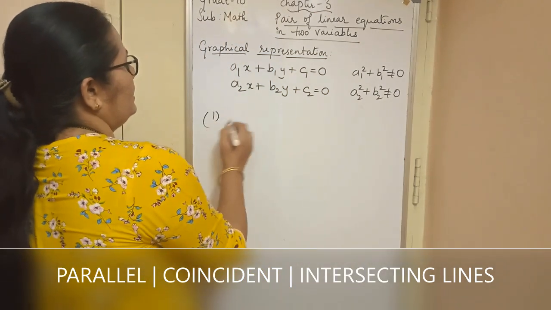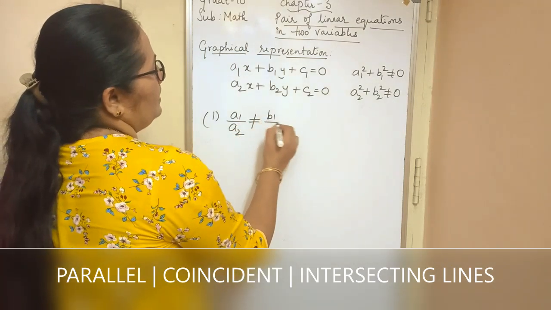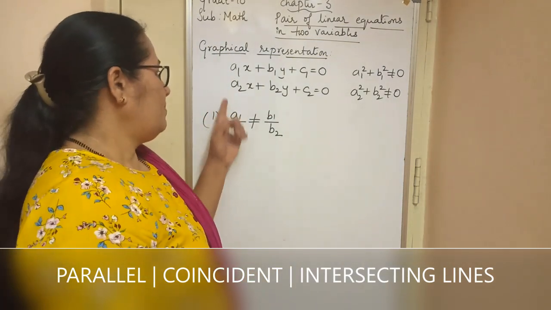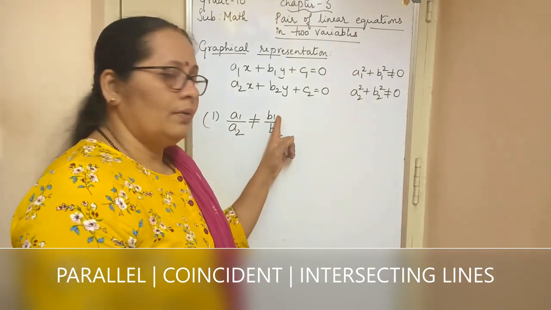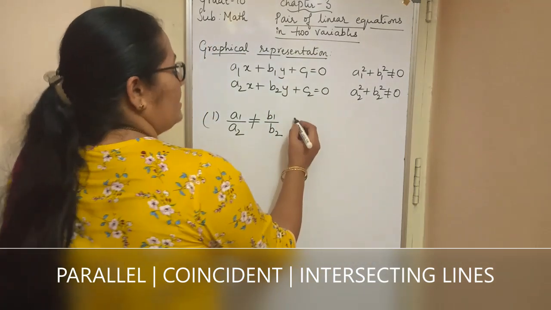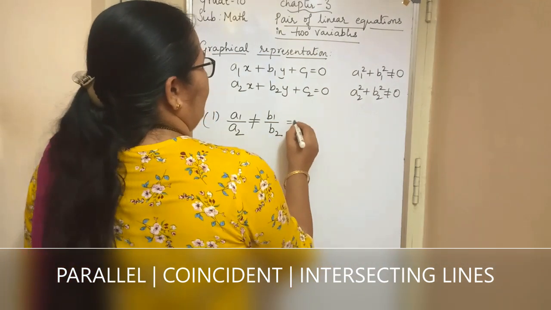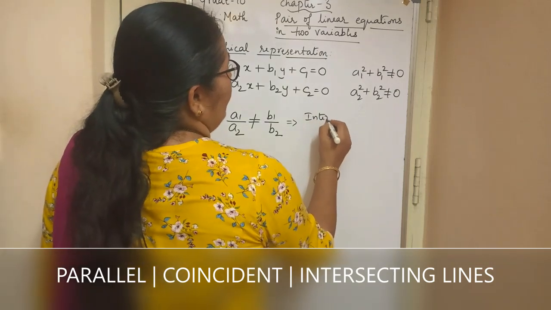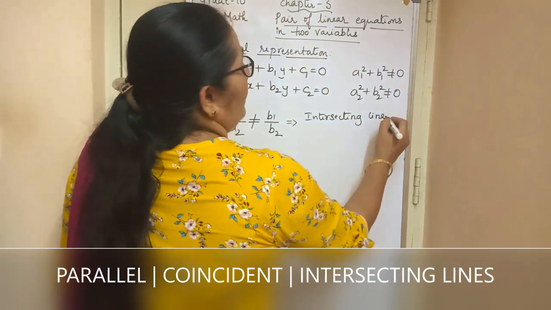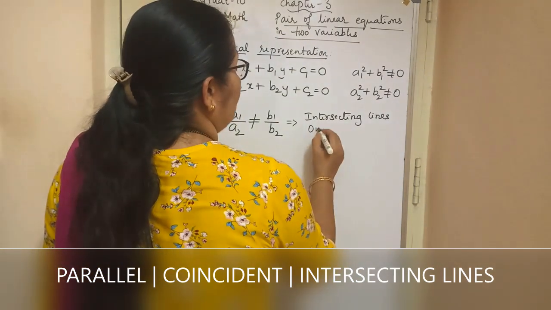Now, the first condition is when a1 by a2 is not equal to b1 by b2. When the ratio a1 by a2 is not equal to b1 by b2, then we get intersecting lines, and these intersecting lines have only one solution.